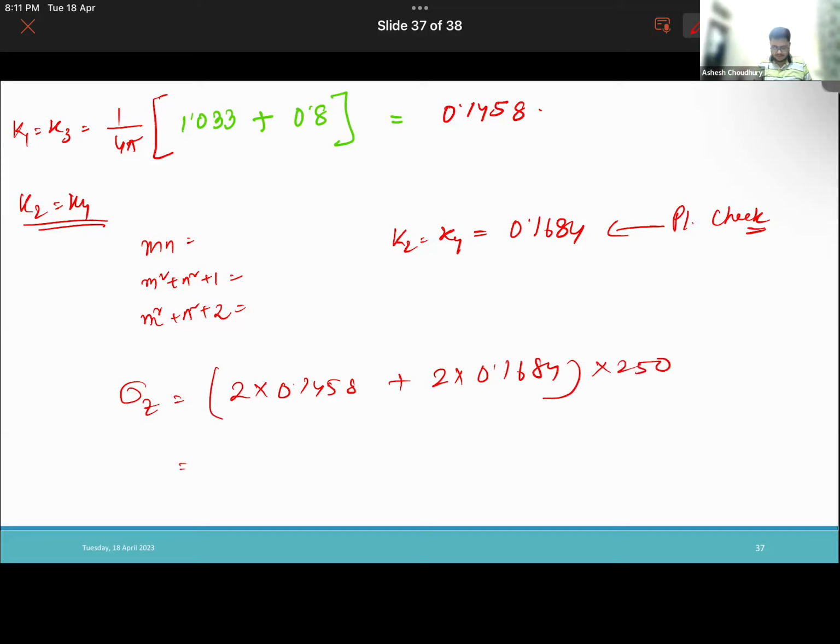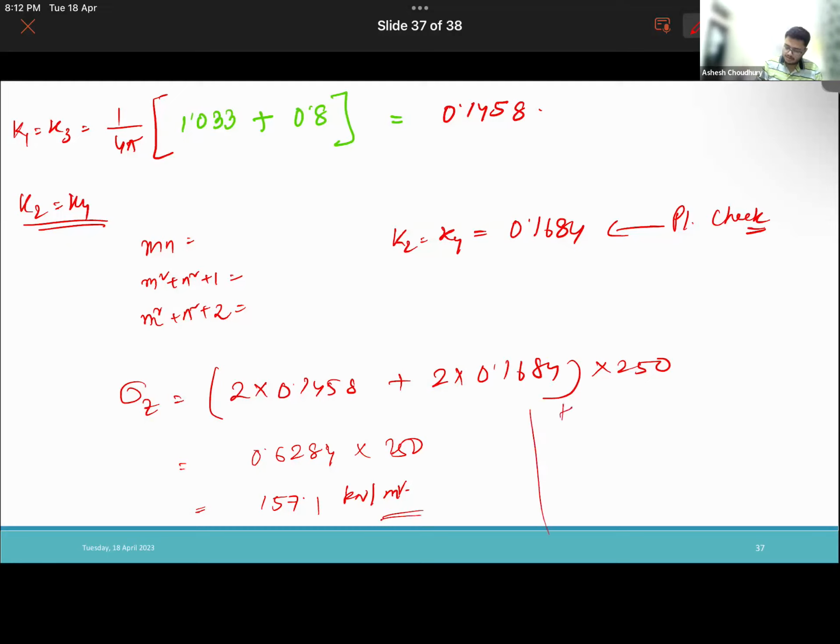It's nothing but 2.1458 to 4 to 3, 1, 157. Okay. This one, please check if you are getting these values.